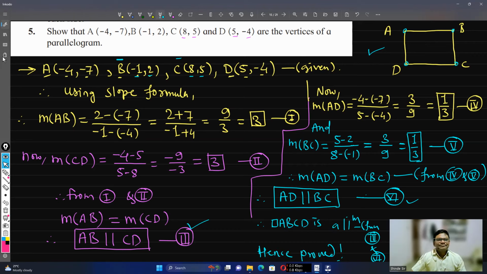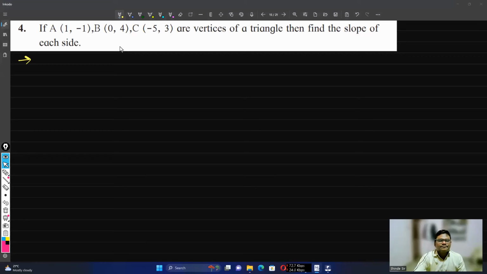And that's it. Now let's solve problem number 4. So here we have problem number 4, which states if A, B, and C are the vertices of a triangle, then find the slope of each side. Simply we have to find the slope of each side using the slope formula.